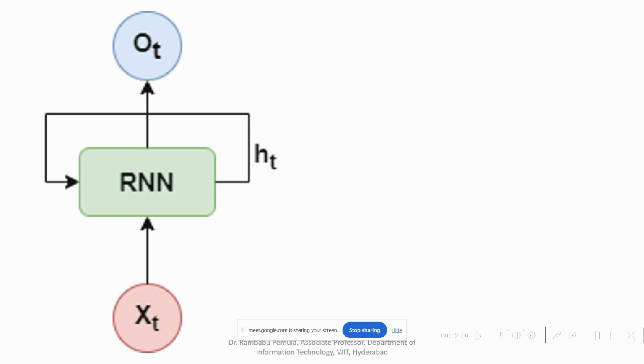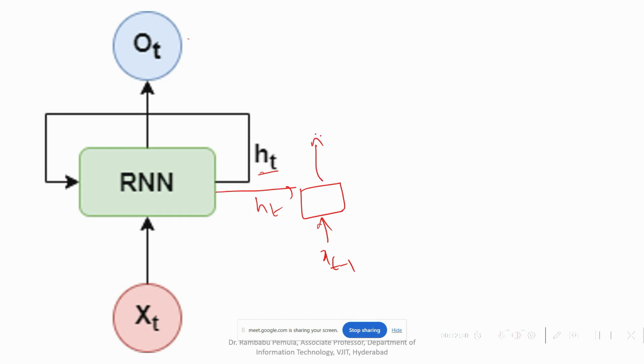Now this is the time input for our node, and we are going to generate two outputs. One output is called the present node output, and the second output is called the hidden node information that is carried forward to the next node as input. So the next node depends on the present node input, that is xt plus 1, and also on the previous output, that is ht.